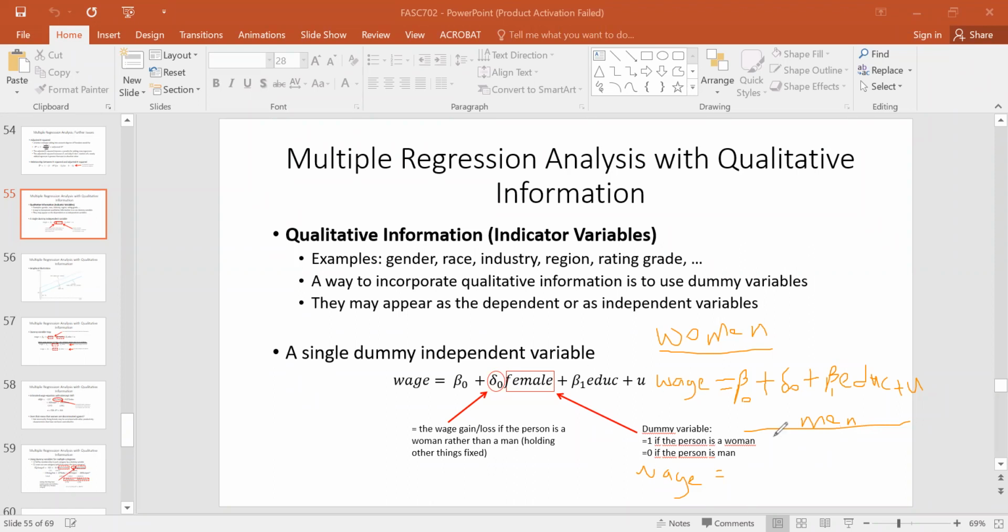Over here for men, I'll put 0 here because this variable is defined to be equal to 0 for men. Beta 0 plus beta 1 education. I've put 0 here. Beta 1 education.